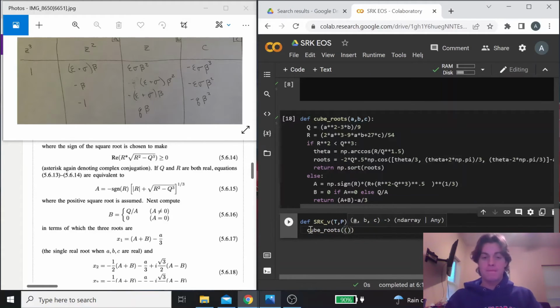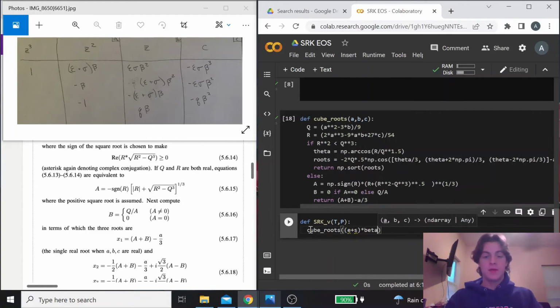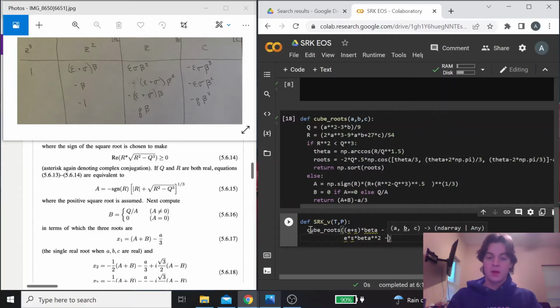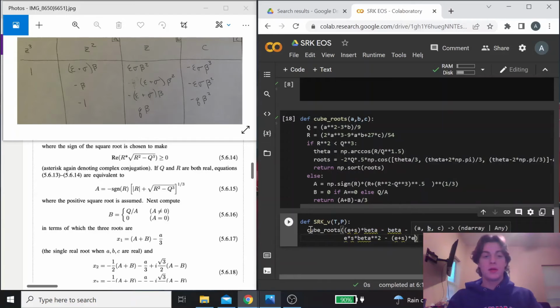A is going to be epsilon plus sigma times beta minus 1. B is going to be epsilon times sigma times beta squared minus epsilon plus sigma times beta cubed, or beta squared, minus epsilon plus sigma times beta plus q times beta.